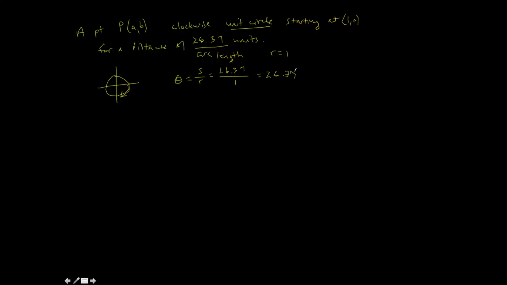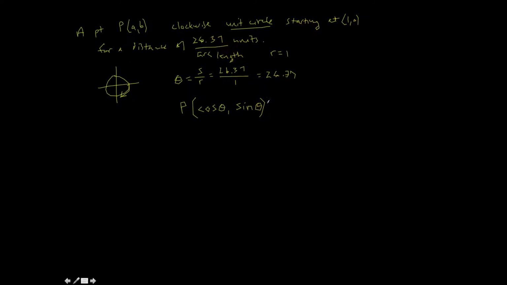Remember, for P, A is the same thing as cosine of theta, and B is the same thing as sine of theta. Remember that from our definitions.